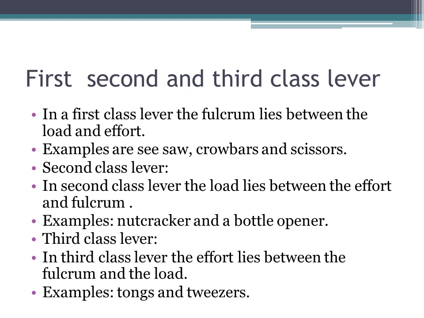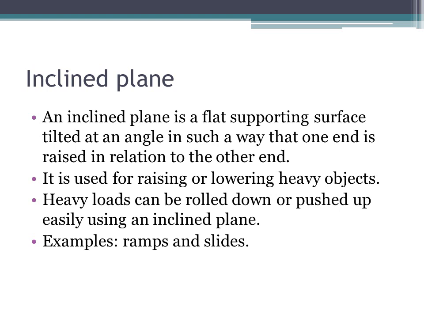Understand? Now next we are going to see about the inclined plane. So what is an inclined plane? An inclined plane is a flat supporting surface tilted at an angle in such a way that one end is raised in relation to the other.